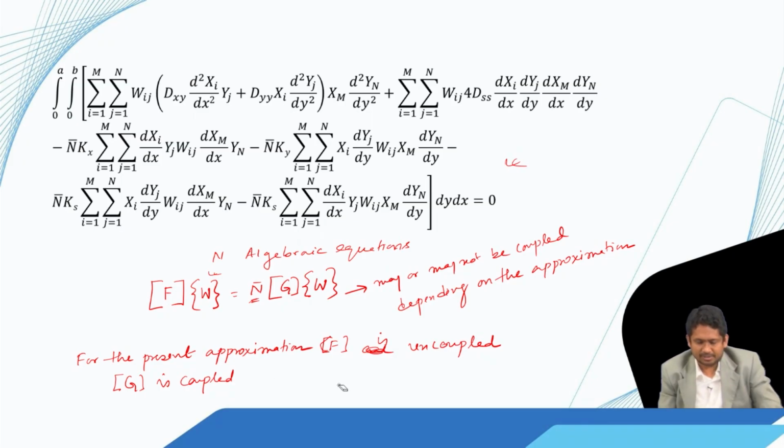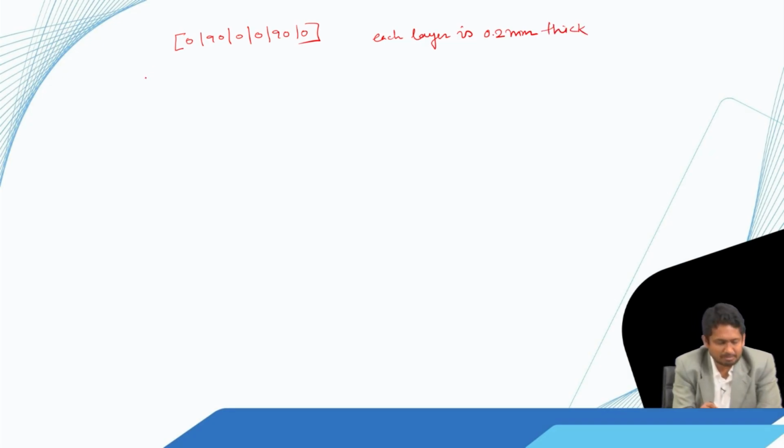Okay. Now, let us look into the numerical values that will make it easier to understand. So, let us say that we have a laminate with the lamination sequence 0, 90, 0, 0, 90, 0, and each layer is 0.2 millimeter thick, and then we have the material properties.